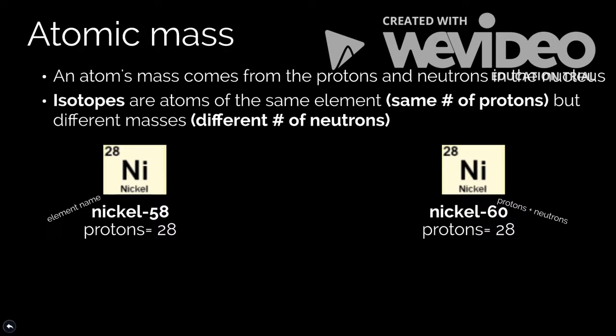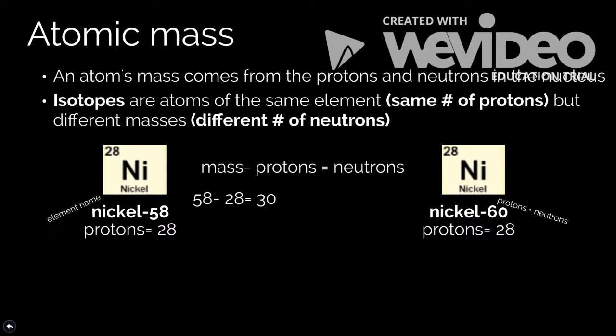We know that each of these will have 28 protons. So really, the rest of the way to get to 58, that will be all neutrons. So we can use this formula to find the total number of neutrons when we know the mass of the element and we know the number of protons. If we just take mass and subtract the number of protons, we get our number of neutrons. So in this first example, we know we have 58 total mass for our nickel atom.